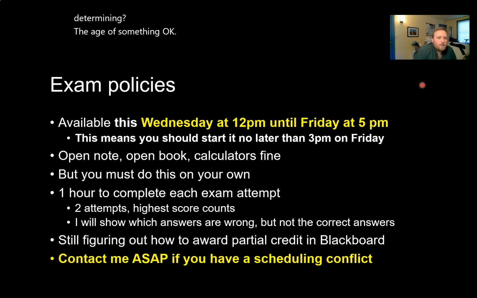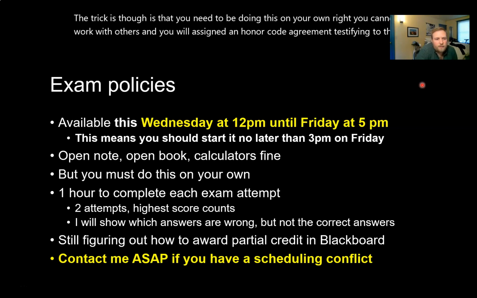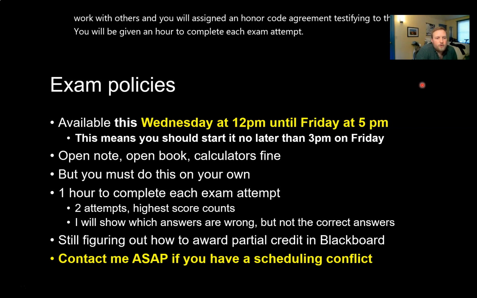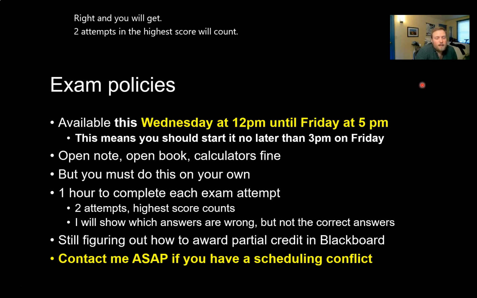You will be given an hour to complete each exam attempt, right? And you will get 2 attempts, and the highest score will count. I will, if it's possible in Blackboard, make it show which questions you got incorrect, but it will not show the why, like your specific answer, why it was incorrect or what the correct answer is.